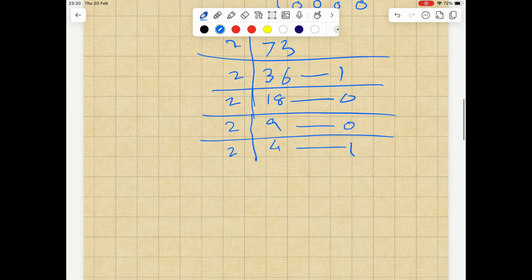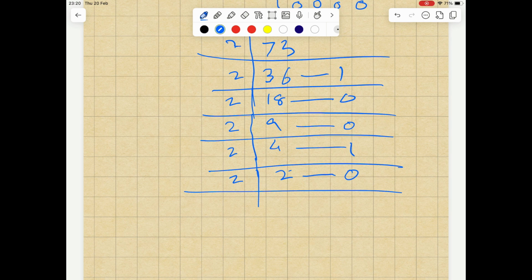And then 2 again, it'll be 2 2s are 4, remainder 0. And then 2, 1, 2, remainder 0. So 73 will be, if we go this way, 1 0 0 1 0 0 1.